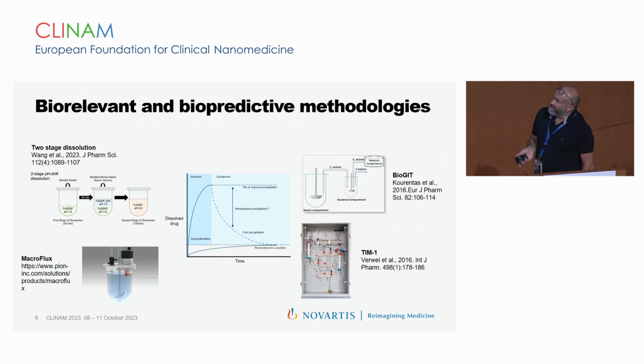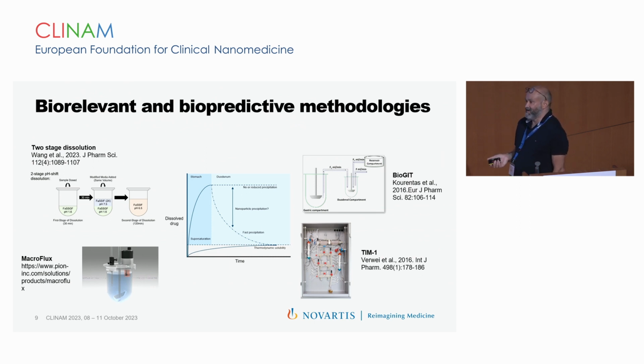So in the middle, we've got the spring parachute effect. With the nanoparticles, they do tend to form a supersaturated solution, and when they are transferred into the intestine, we want to maintain the supersaturated solution, but what we don't want is any precipitation, so we want the top dotted line.